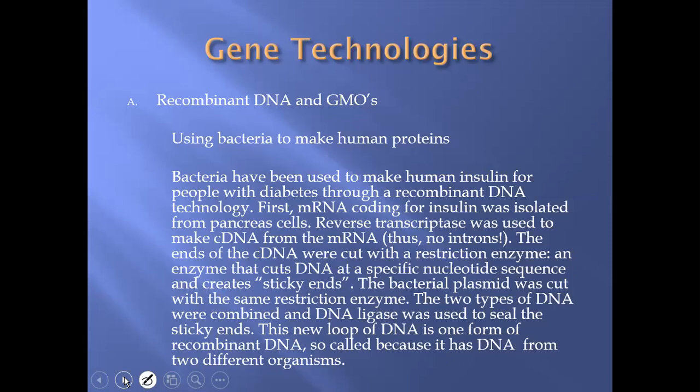Usually the word for breaking the cell open would be to lyse the cell, and we would call this extracting DNA. So to get DNA to work with out of cells, we often have to open those cells up and extract that DNA in some way.